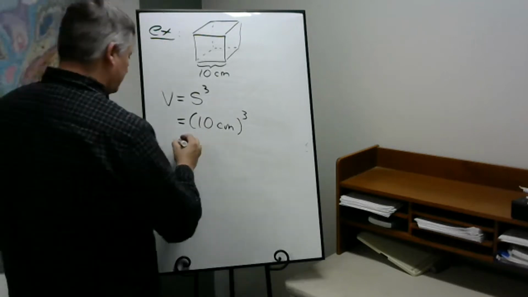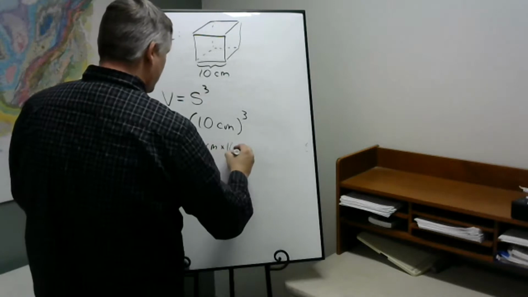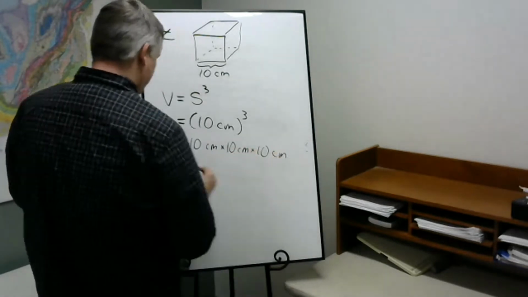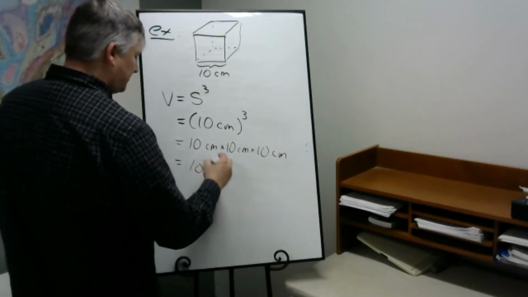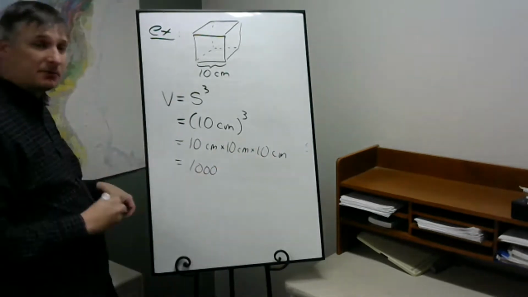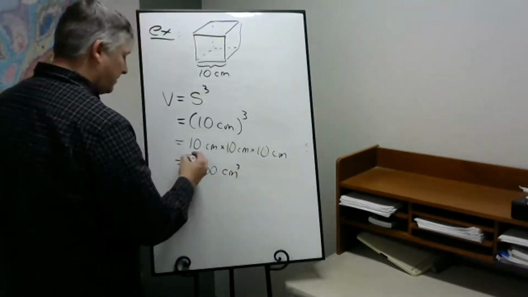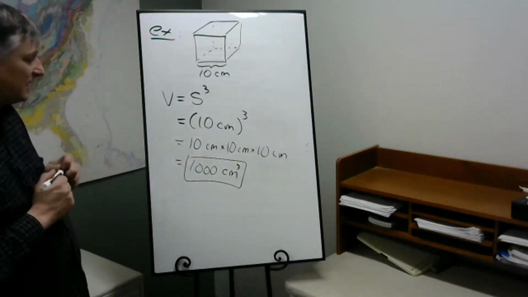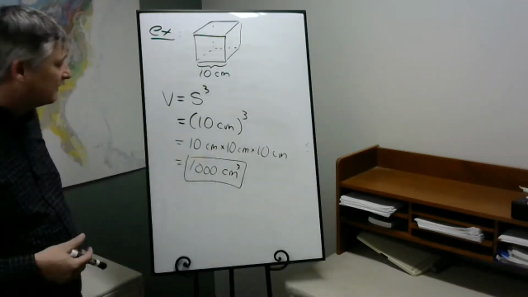Or you can write it out just like length times width times height. So 10 times 10 times 10 is 1,000, and we have 1, 2, 3 centimeters. They're multiplied together, though, so we get 1,000 cubic centimeters. And again, in the text, they'll probably write it out as cubic centimeters.